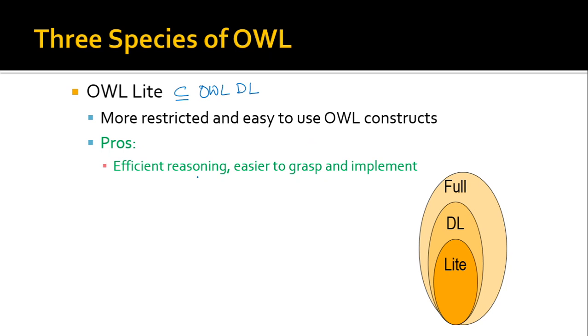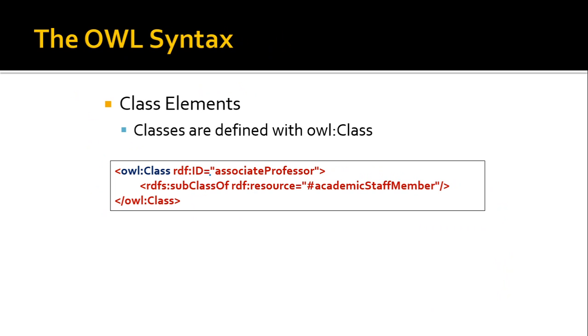Needless to say, it has very efficient reasoning support, and it is very easy to grasp and implement, right? And the con, of course, is restricted expressivity, because we have this efficient reasoning support. They do not go with each other, right?